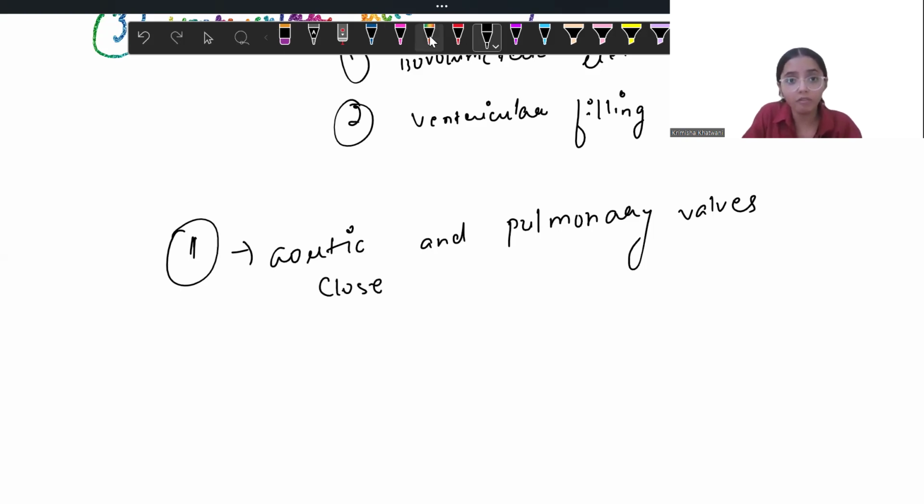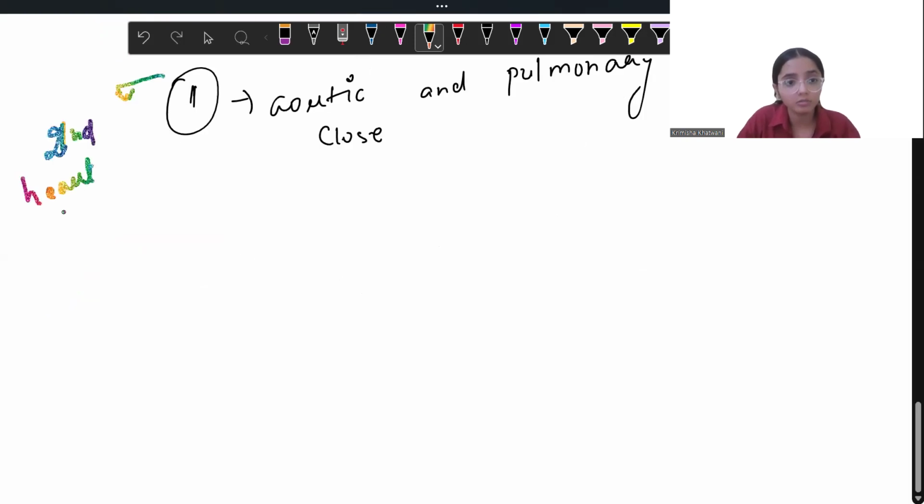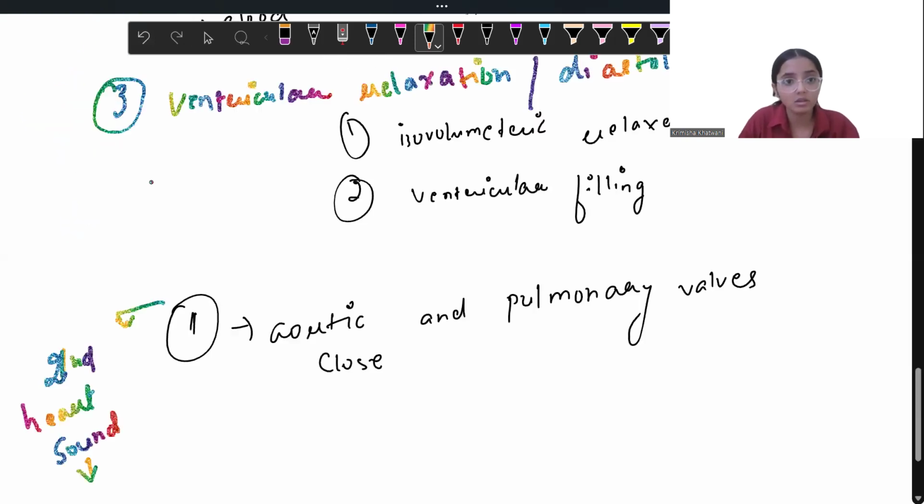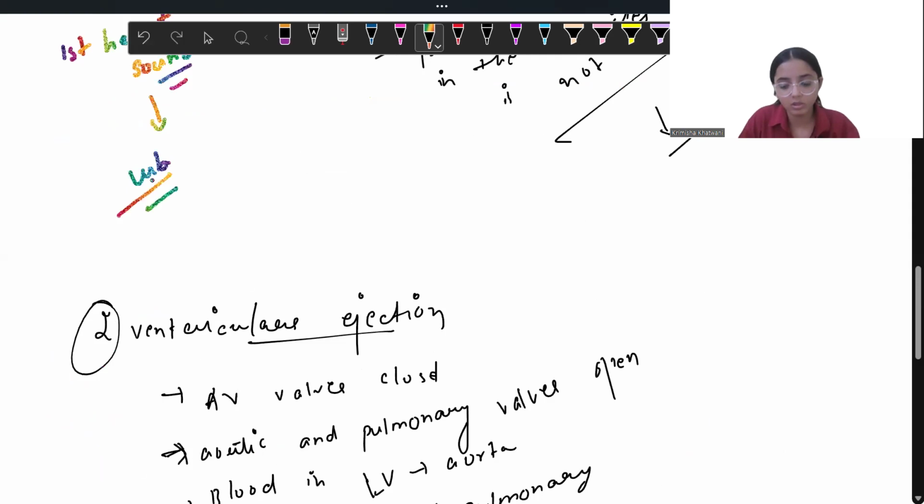Okay, and this, my friends, happens at the start of ventricular relaxation. And this, my friends, produces second heart sound, which is known as dub. Okay.